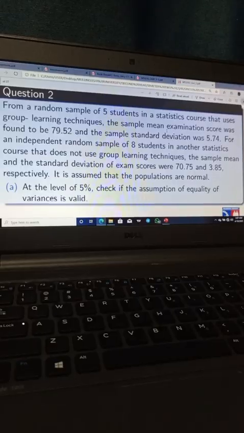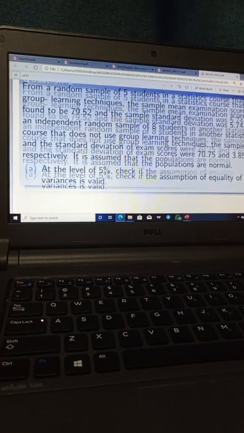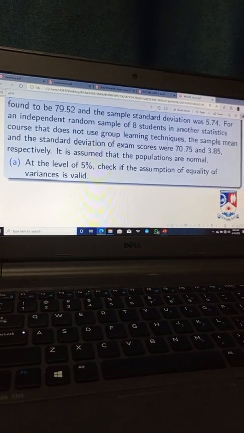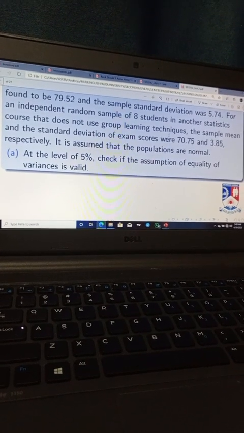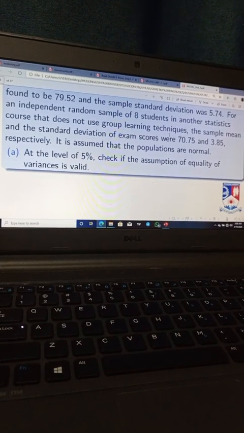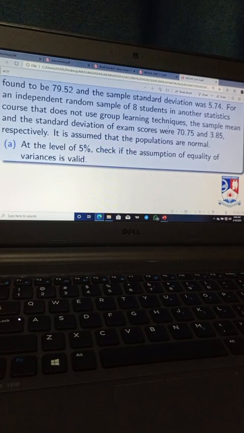Going further to the question, it says it is assumed that the populations are normal. So the first question is, at the level of 5%, check if the assumption of equality of variances is valid. Remember, we are checking the assumption of equality.